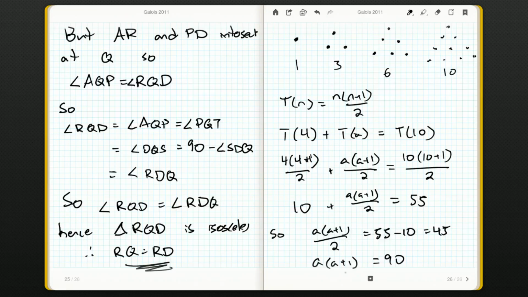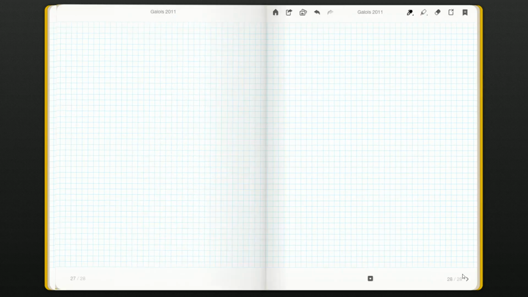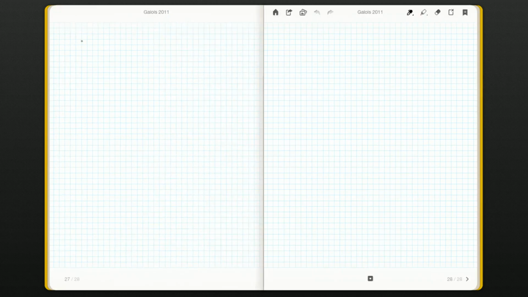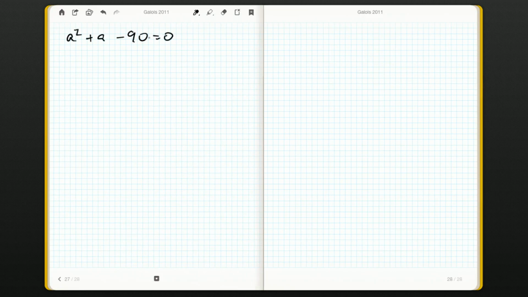And at this point, we could probably guess, well, what's a number times the number plus 1 equals 90? I'd guess 9, because 9 times 10 is equal to 90. But let's actually work it out. Put our quadratic formula skills to work. So A squared plus A minus 90 equals 0. Again, you could factor it at this point, or you could use the quadratic formula.